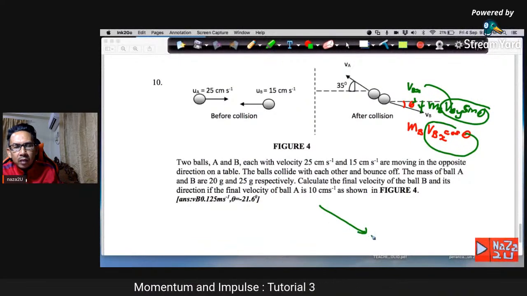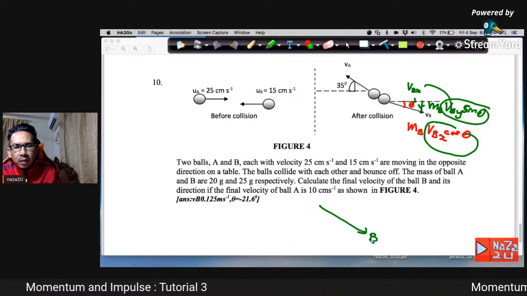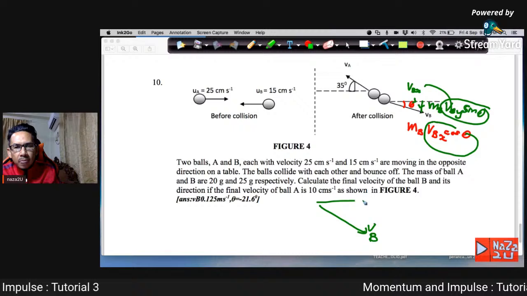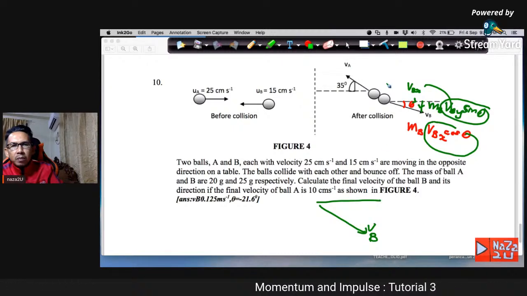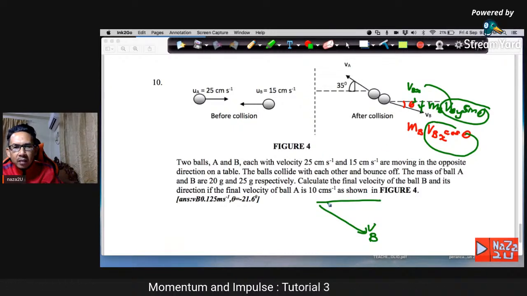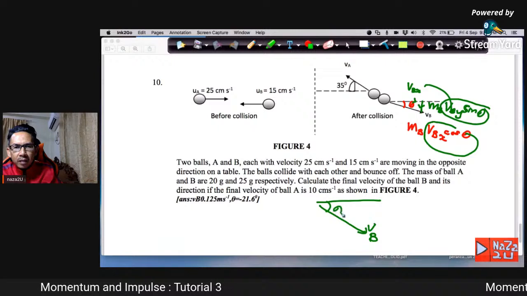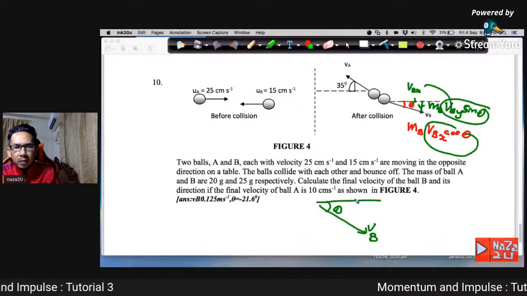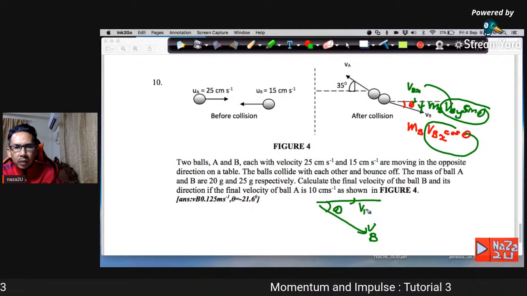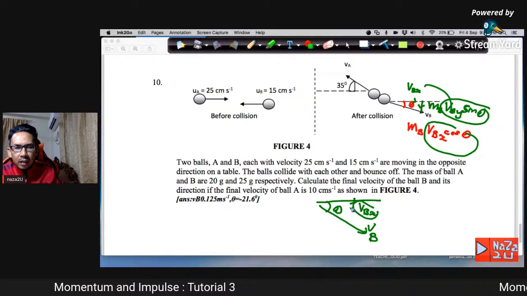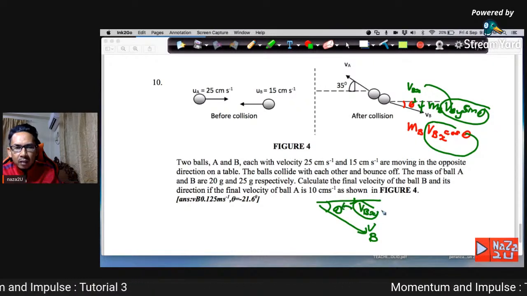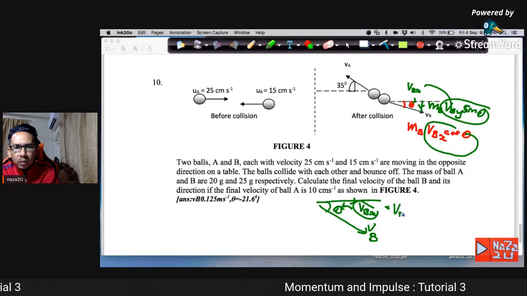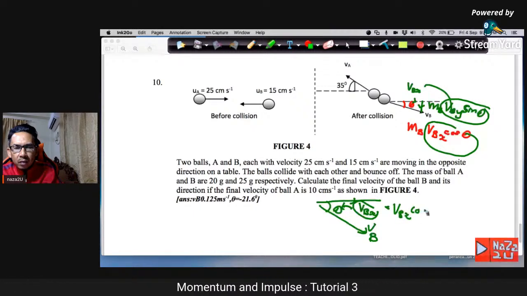Saya faham apa kamu masukkan itu. Okay, kita ada B kat sini. Okay, VB. Ya. Kalau kamu tengok sini pun theta pun dia tak bagi kan. Tapi bila kita resolve kepada katalah sini VBX, automatic VBX ni dia kita anggap dia dah terkira dah kat sini, iaitu sama juga dengan VBX cos theta.